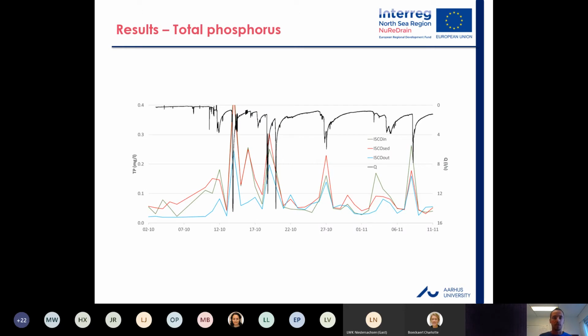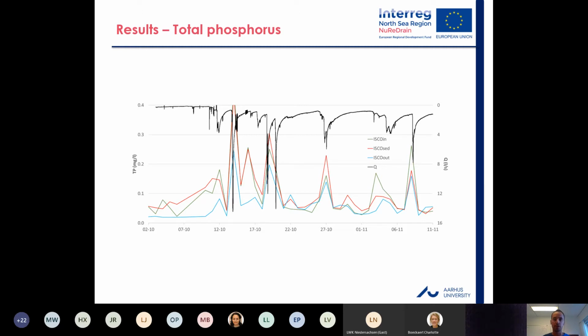Here are the results for total phosphorus. The graph shows total phosphorus in milligram per liter over a selected period of time, while on the secondary y-axis we have the drainage flow in liter per second.